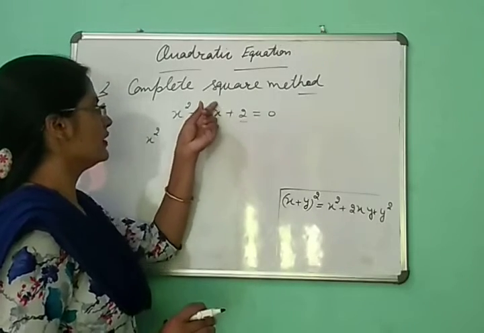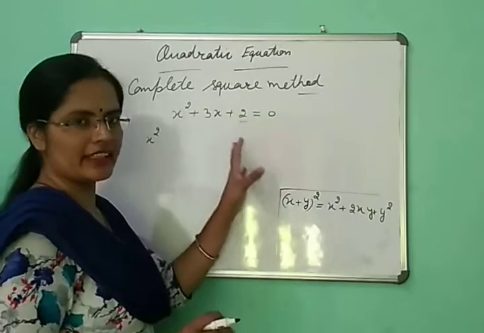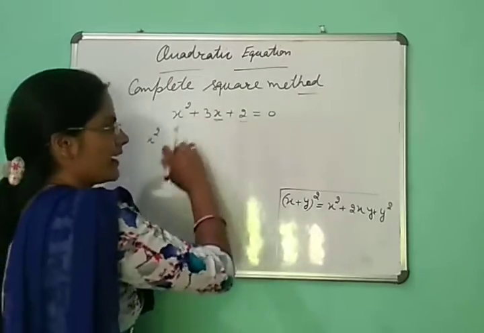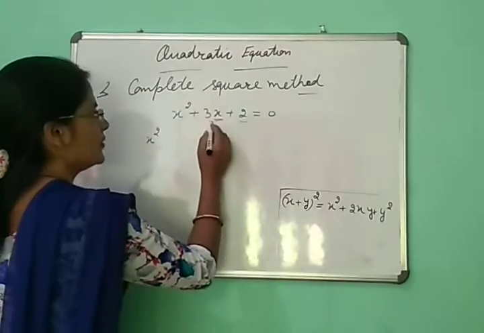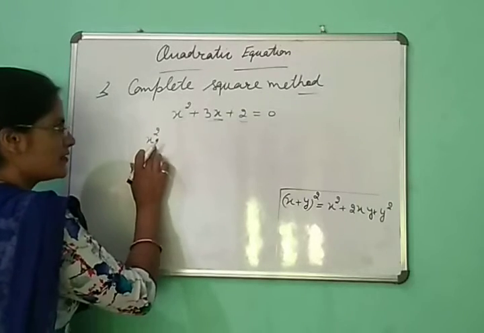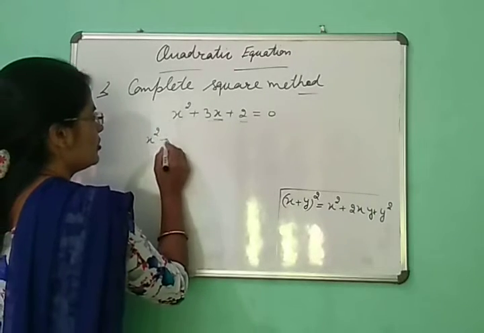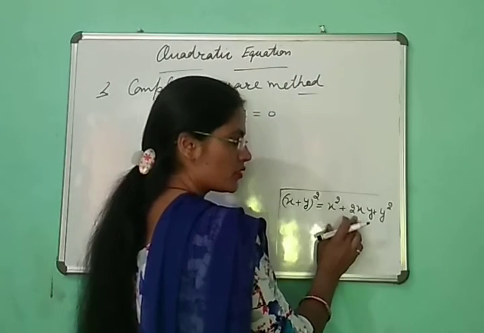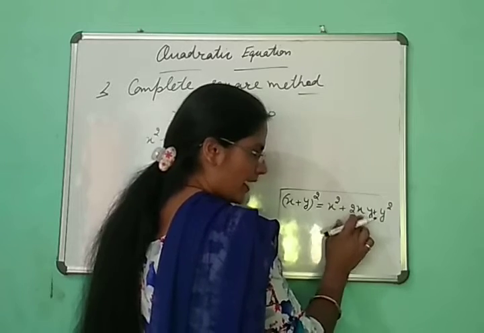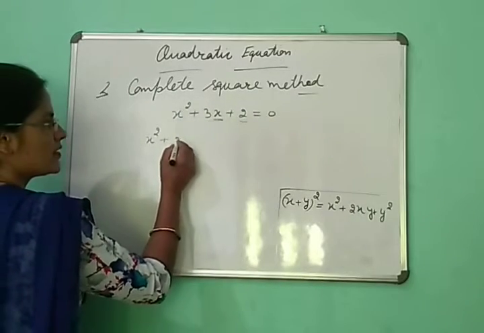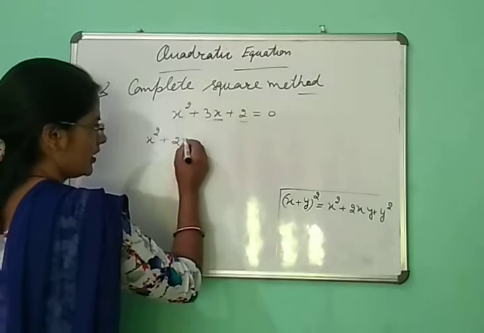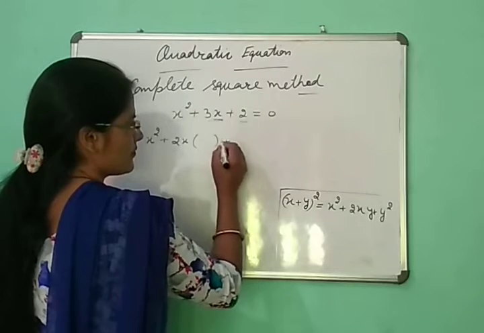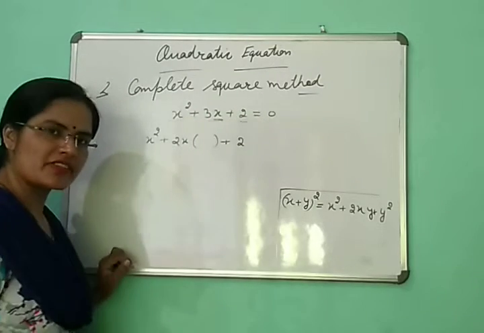We have to deal with our second term, the term with x. Write the first term as it is. Now we know that our formula for the whole square is x square plus 2xy, so we write x square plus 2x, then take a bracket, 2x plus 2, and the last term as it is.